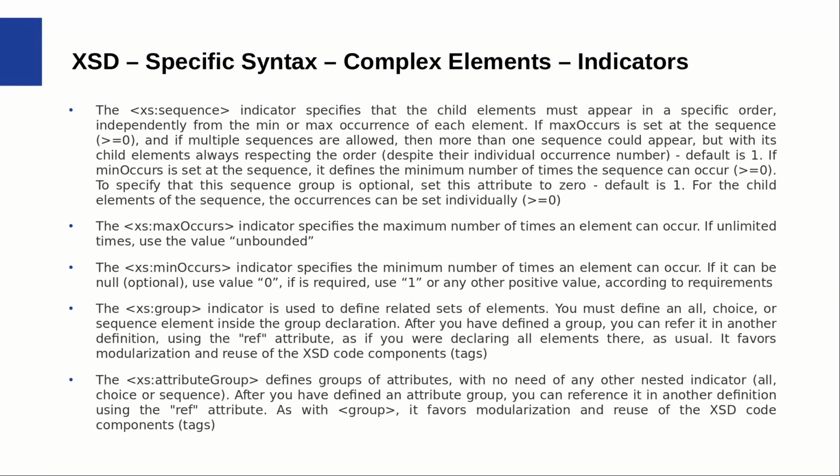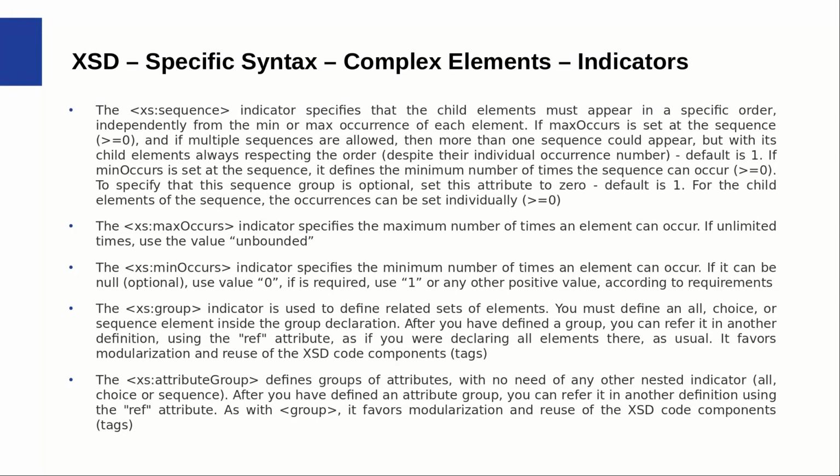And the attributeGroup similarly defines groups of attributes, with no need of any nested indicator, differently from the group element. Also after you define this set of attributes as a group, you can refer to this attribute group in any other definition or place of your code just by using the ref attribute.